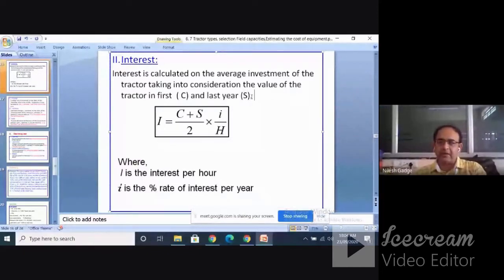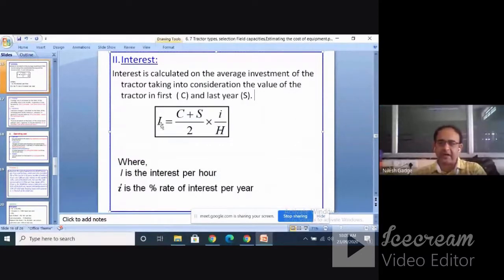And interest is calculated on the average of the initial investment of the tractor and the salvage value. Average of that means it is divided by 2, multiplied by I, divided by H. So where I is the interest per hour.